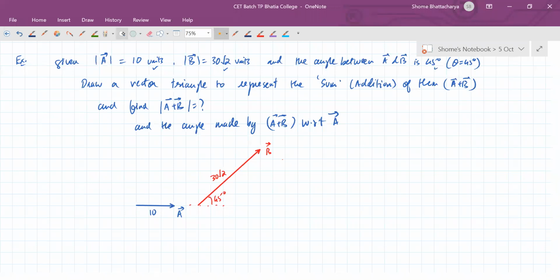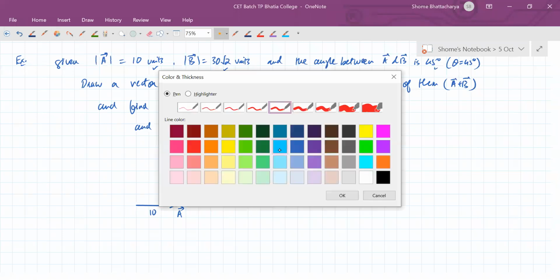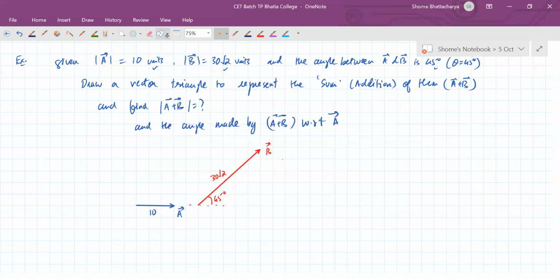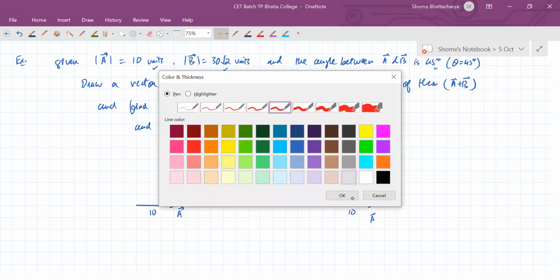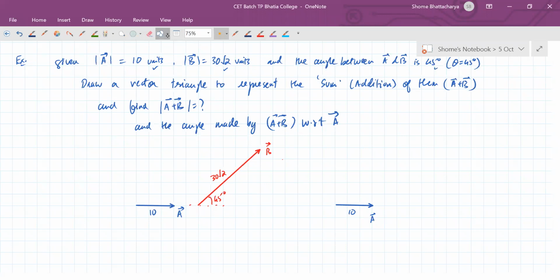So how will the vector triangle look like now? As far as the vector triangle is concerned, remember, to find the sum of A and B, we have to draw A and B consecutively, that is one after the other. So we will draw the vector A, and from the head of the vector A we will have to construct the vector B. So vector B will have to be drawn like this, immediately after vector A and at an angle of 45 degrees. So vector B is, let's say, this one.